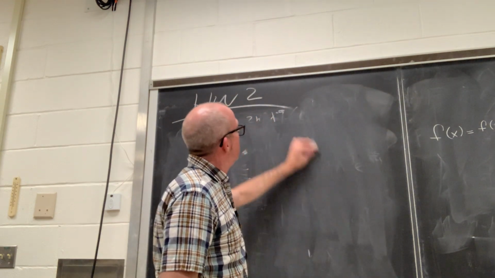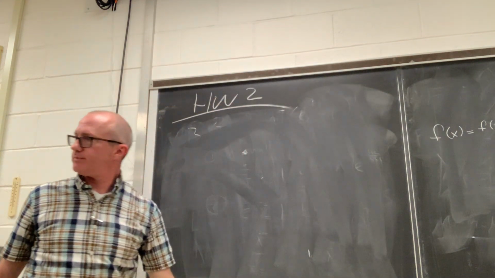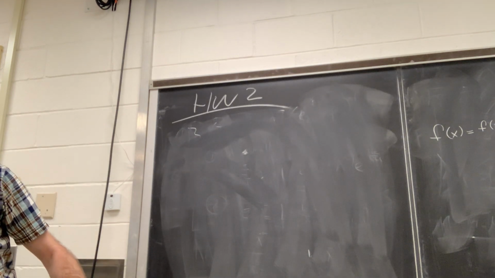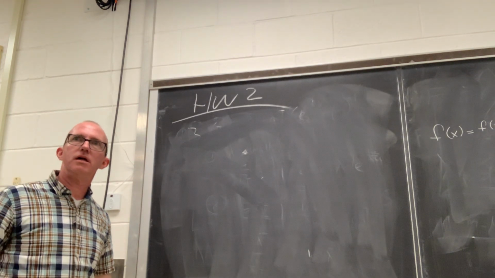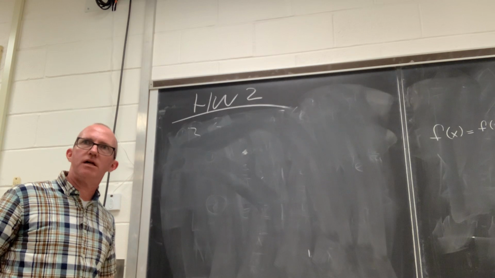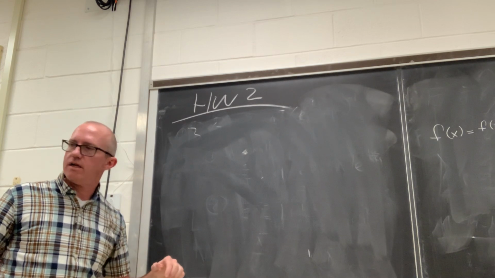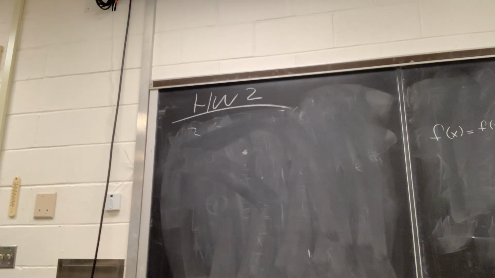So that was number 4, right? Why was it e to the positive hc over lambda kt in number 1?